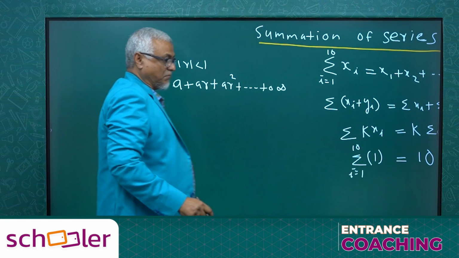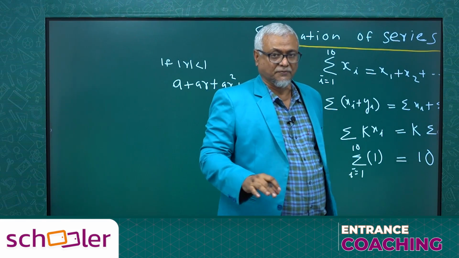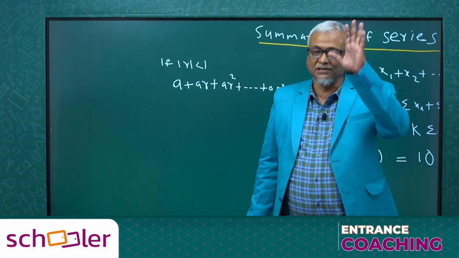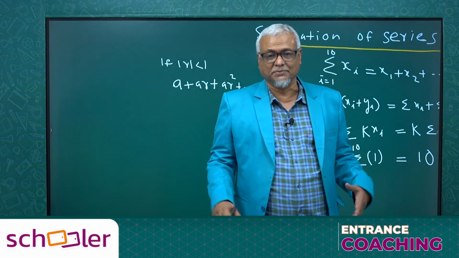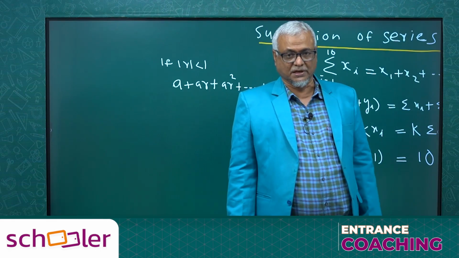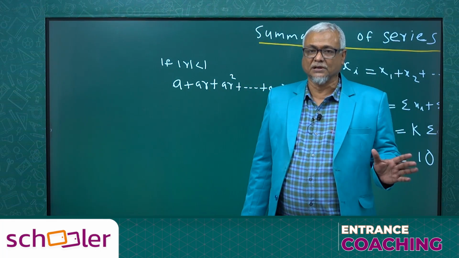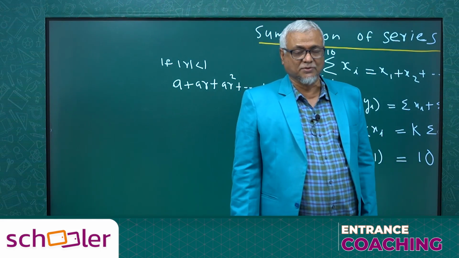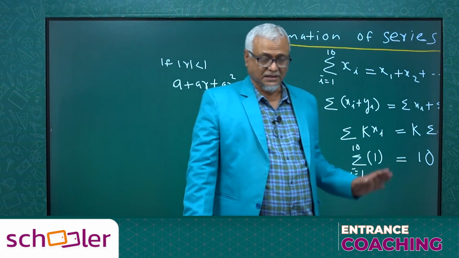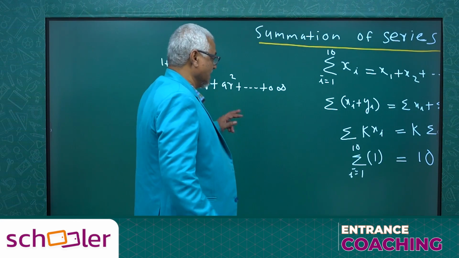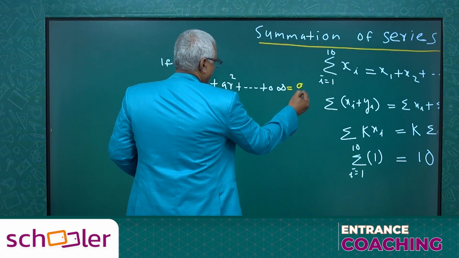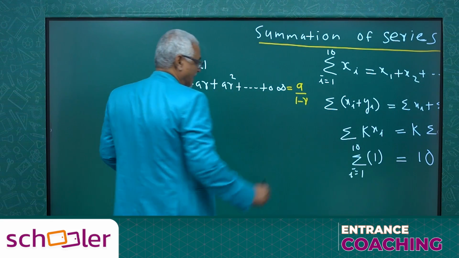That is the sum of the infinite terms of a geometric progression. Of course, in your textbook, in that chapter you study the sum to n terms of a geometric progression. And in the last section of the textbook, there is given the sum to infinity of a geometric series. That is this result, okay. The formula is a by 1 minus r, very simple formula.